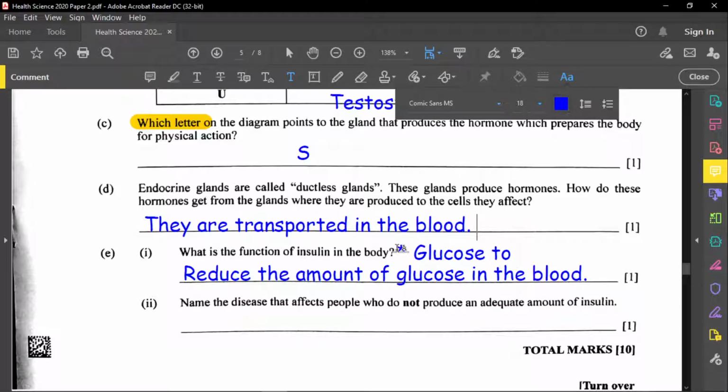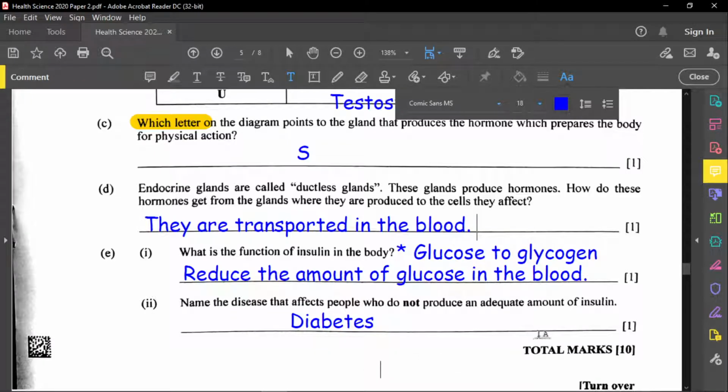That's exactly what it does. The general function is to reduce or control the amount of glucose in the blood, and how it does this is to convert glucose into glycogen. Part 2 is, name the disease that affects people who do not produce an adequate amount of insulin. This disease is called diabetes.